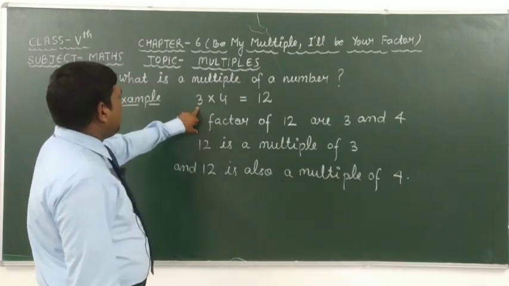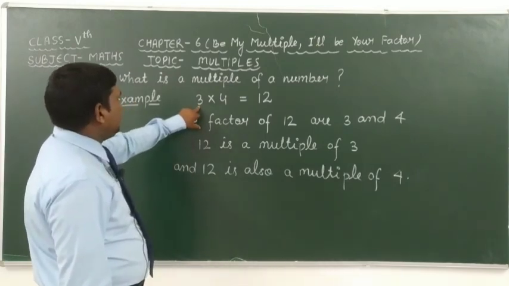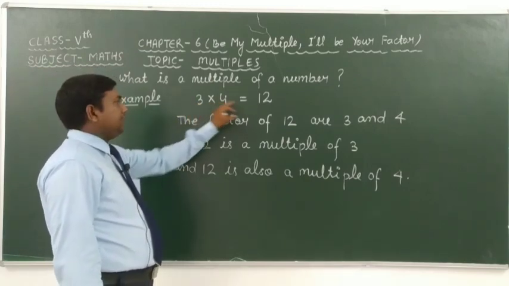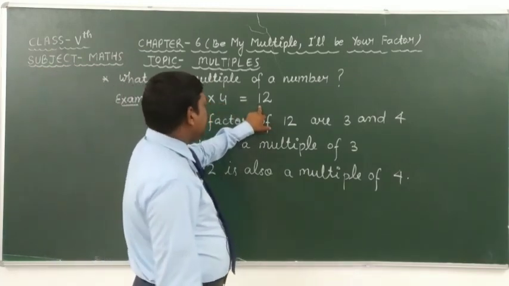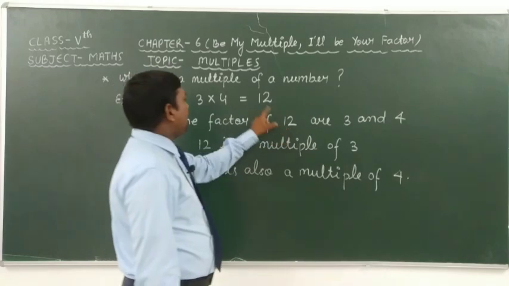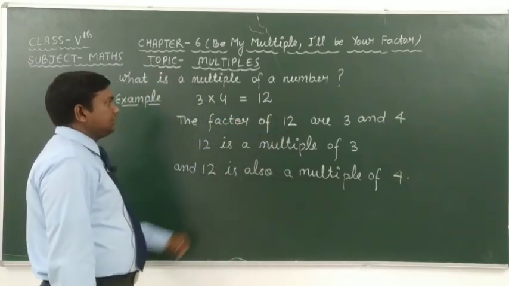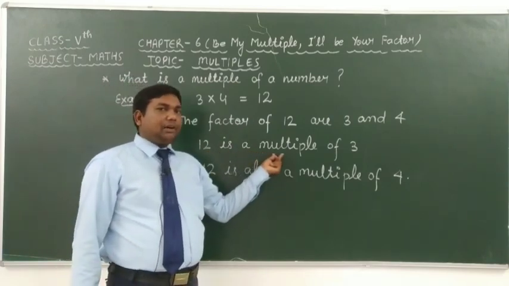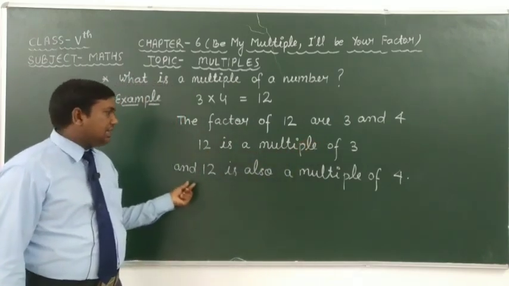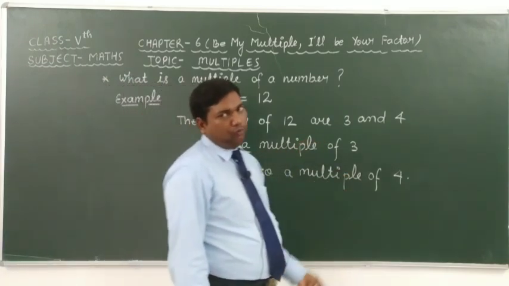If we take the multiplication of 3 and 4, we get 12. Then we can say that the factors of 12 are 3 and 4. Therefore 12 is a multiple of 3 and 12 is also a multiple of 4.